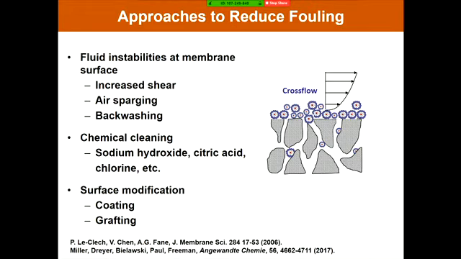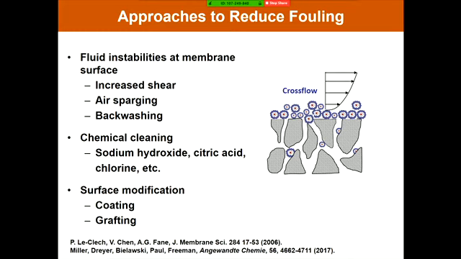There are a number of approaches to reduce fouling. A lot of them are fluid dynamics based, so operating the membranes where you have increased shear to help remove the foulants. Air sparging and backwashing are in common use to help lift and remove foulants via hydrodynamic processes.